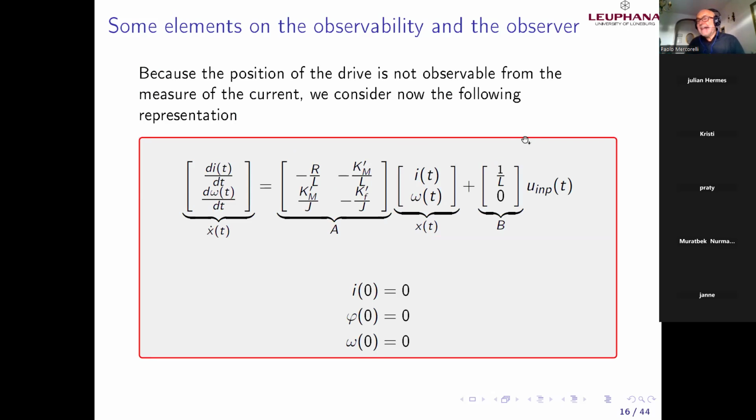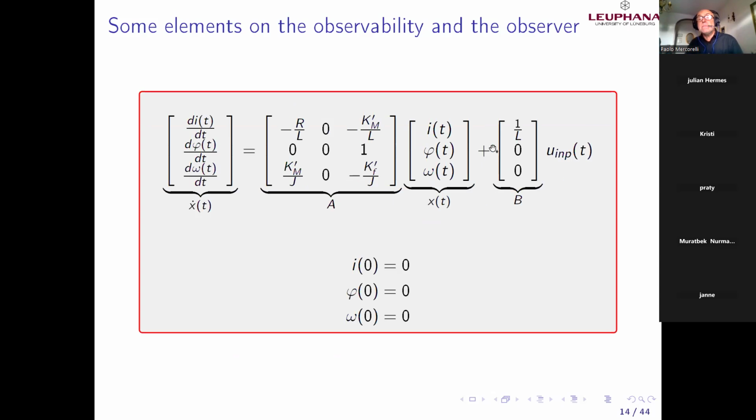Do you remember this? I can reduce the dimension of my matrix, which means the dimension of the observer, because of the presence of this 0 here. This 0 means that I don't have feedback between position and the rest of the system, meaning the electrical system and the mechanical one.